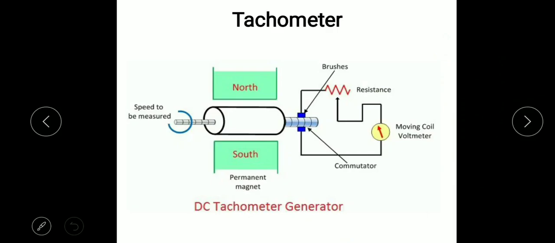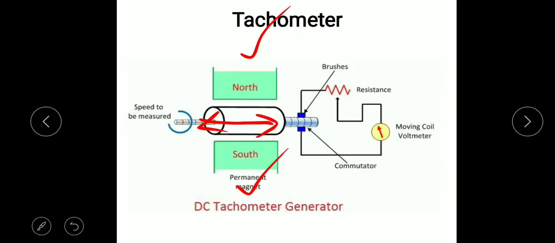Here the main components are a core or shaft, which is placed between two permanent magnets, and a commutator or split rings between the brushes, a split ring at the shaft end, which will convert this energy into DC supply.